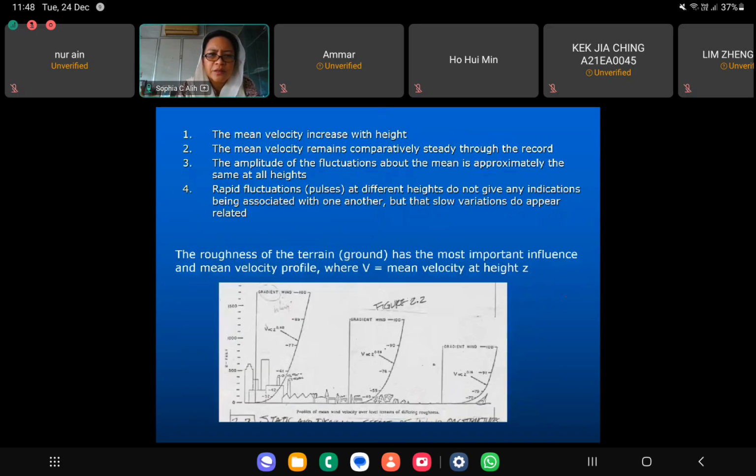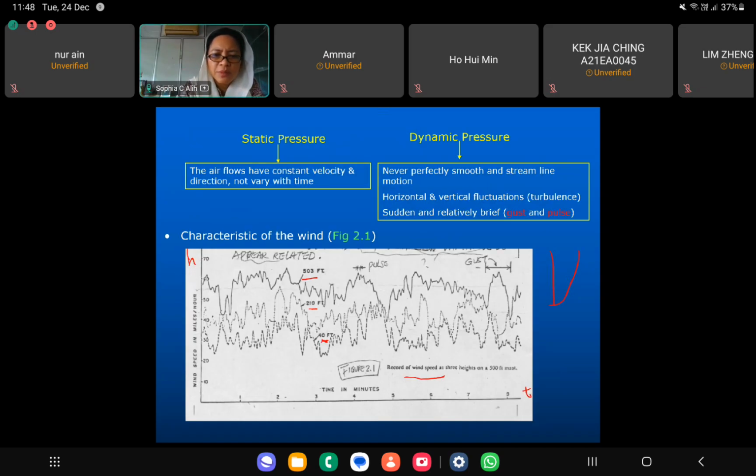And what you can see here is that the mean velocity increased with height and is also comparatively steady throughout the record. The fluctuation about the mean is almost the same at each height, and this is when you're talking about gust, this is from one gust to another, okay? And this is the one that I mentioned, between 3 to 60 seconds, and this is the pulse.